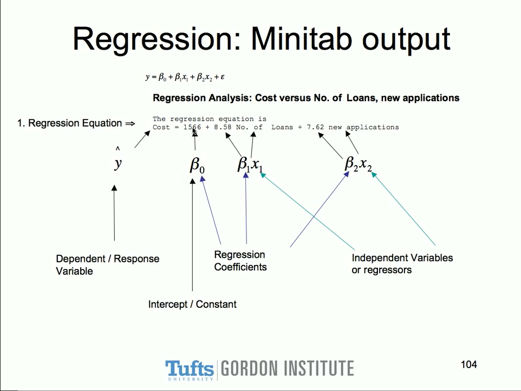So in this case, this is just standard overhead that this finance company or bank has. And let's look at our regression coefficients, okay? B0, B1, and B2 are regression coefficients. X1 and X2 are our independent variables or regressors, all right?